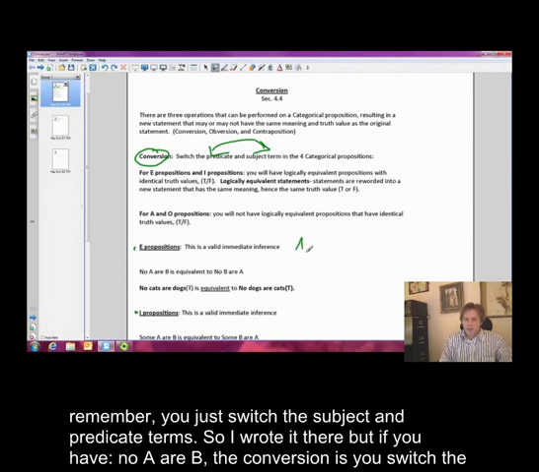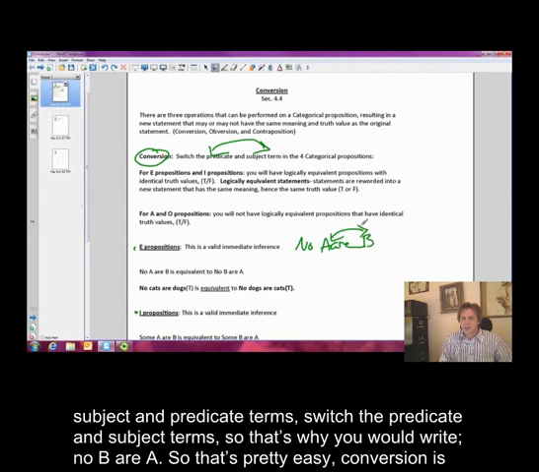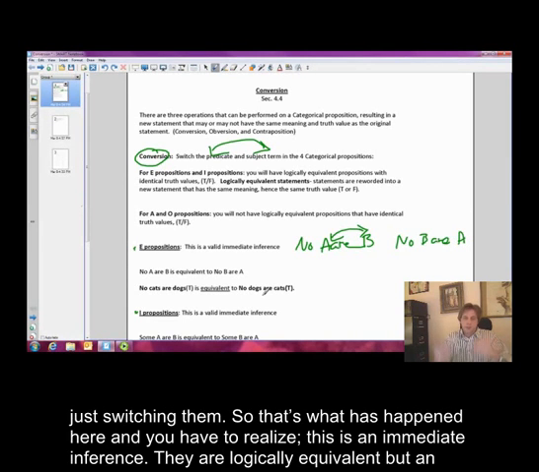So you would write no B are A. Okay, that's pretty easy. Conversion is just switching them.